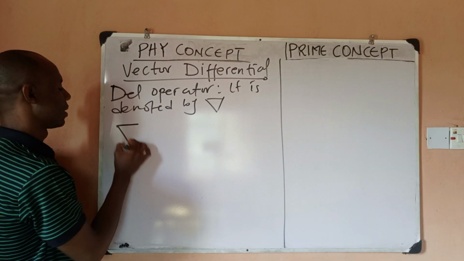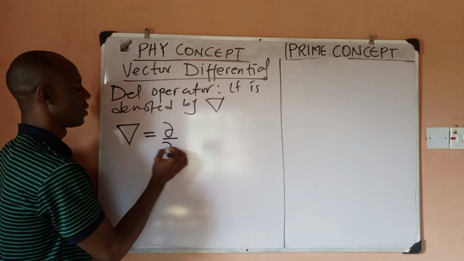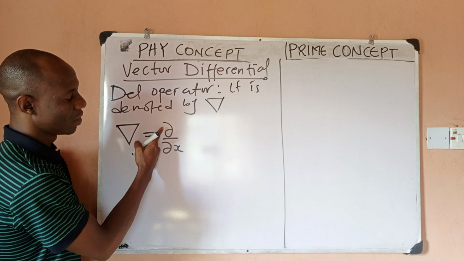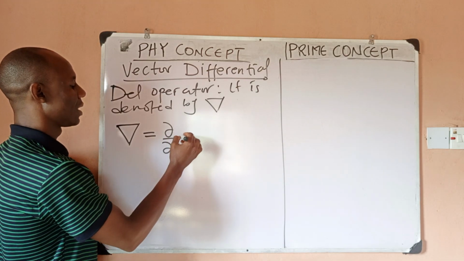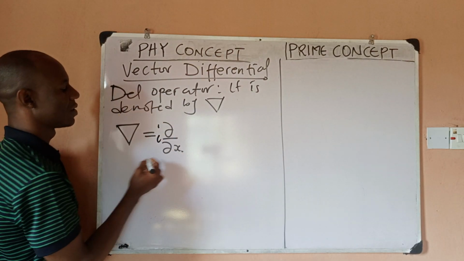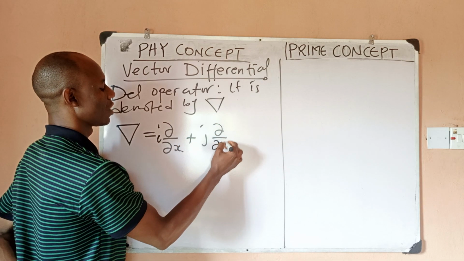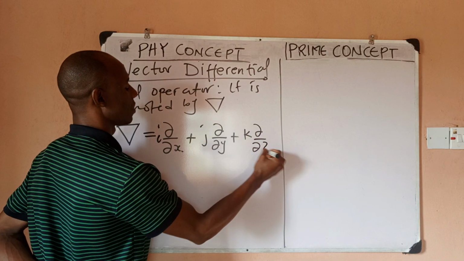The formula is this, which is ∂ over ∂x. Now, this means partial derivative. So it means we're differentiating partially with respect to x. Then we have our i, plus j, partial derivative with respect to y, and plus k, partial derivative with respect to z.